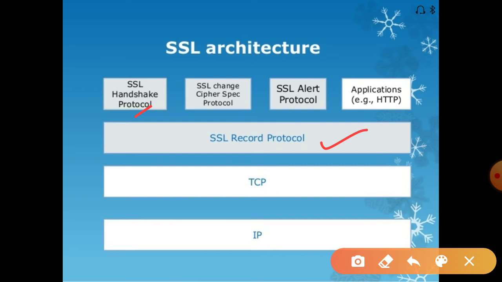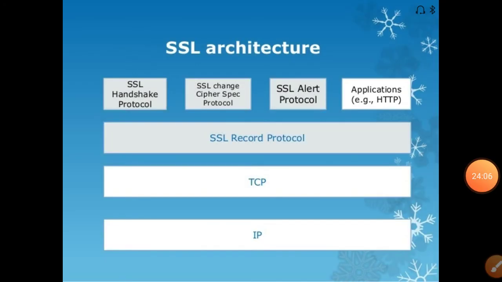To copy this, the change cipher spec protocol is used. What does the alert protocol do? It conveys the information to the peer entity, whether it has to send alerts or warnings. This can be done by the SSL alert protocol. Okay, so this is the SSL architecture, and this is related to the SSL protocol.